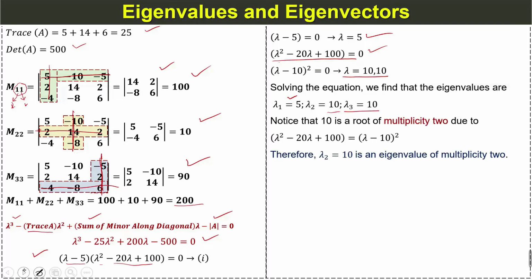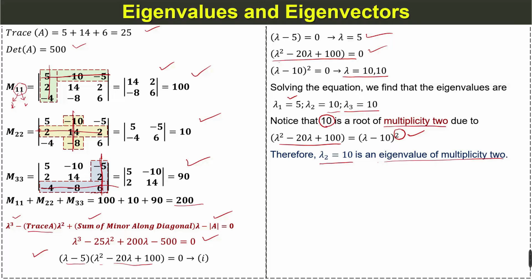Okay, so here we notice that 10 is a root of multiplicity 2, because this equation is equal to this one, and here the power is 2, therefore lambda 2 is equal to 10 is an eigenvalue of multiplicity 2.